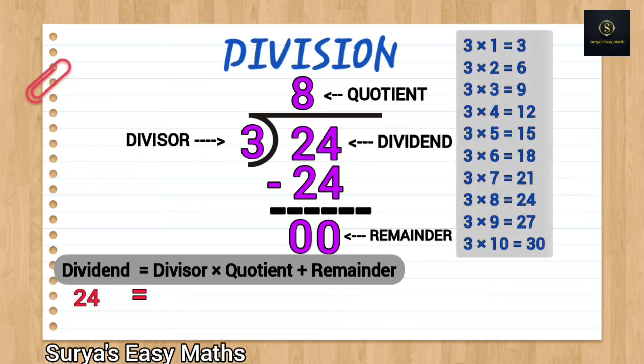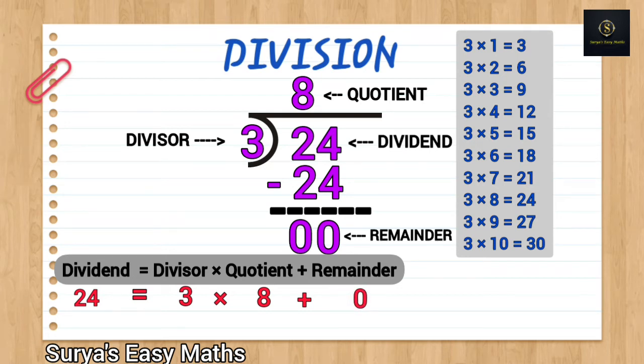Now the equals sign, as it is above, we will carry it down. Now what is the divisor? Yes, it is 3. So here we write 3 and now the multiplication sign as above. Now what is the quotient? Yes, it is 8. So now here we write 8 and plus remainder. What is the digit in the remainder? It is 0. So we write here 0.